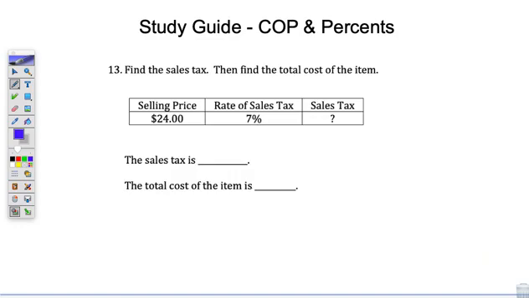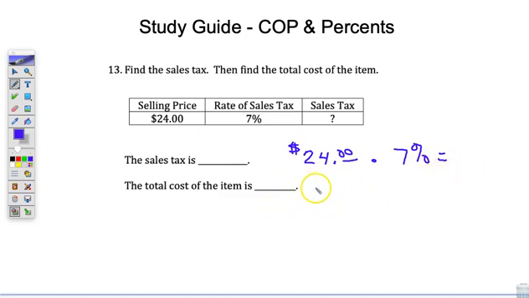In the next question, we are looking for not only the sales tax, but also the total cost of the item. So in this one, we're going to do the same thing that we just did. We're going to take the selling price times the sales tax rate, and then we will add that amount to the original cost.